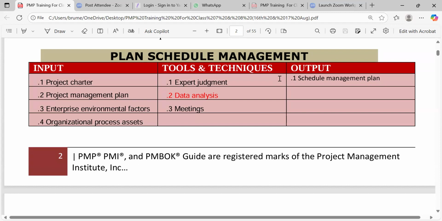They will juggle through the project charter, the project management plan, and then at the end of the day, we would be able to have knowledge of how the project schedule will be managed. And this gives us what? Schedule management plan.